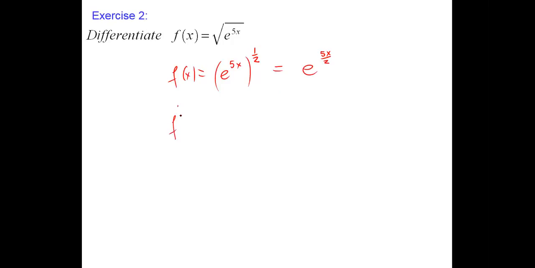Now the derivative of e to the power of 5x over 2 is the same function times the derivative of the exponent, and this is just 5/2. So we can follow the new formula and the chain rule as always.